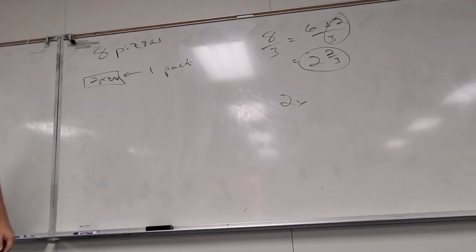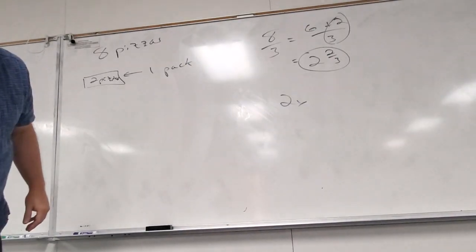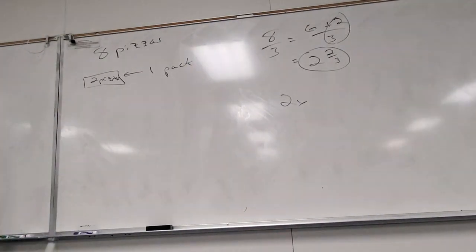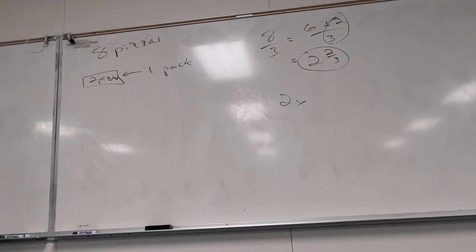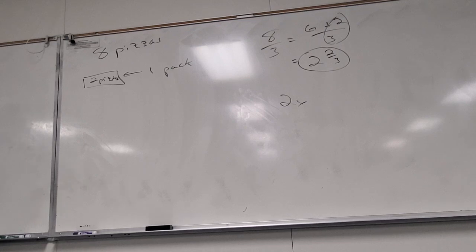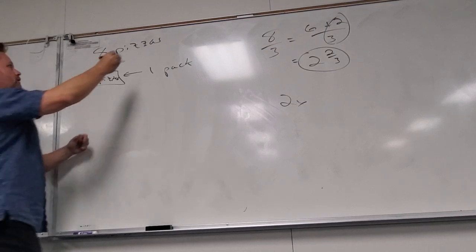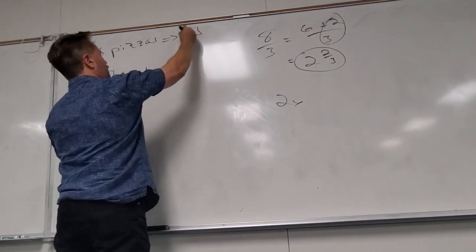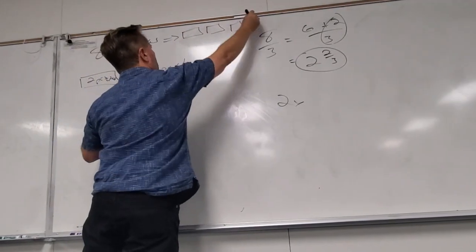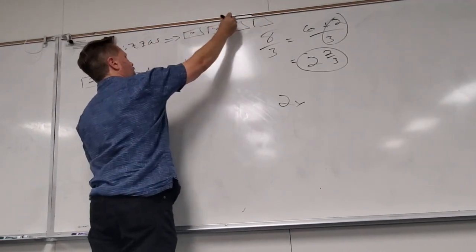Okay. So if I only have 1 pack of pizzas, if that's all I have is this 1 pack, right? And how many total packs do I need? So I need 8 pizzas. So how many packs do I need? 4. So I need 4 packs, because they each have 2 in them, right?